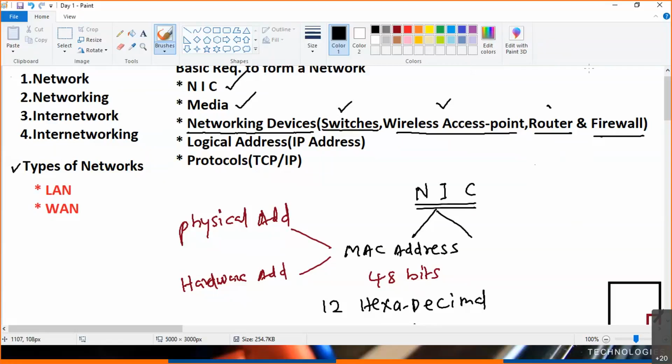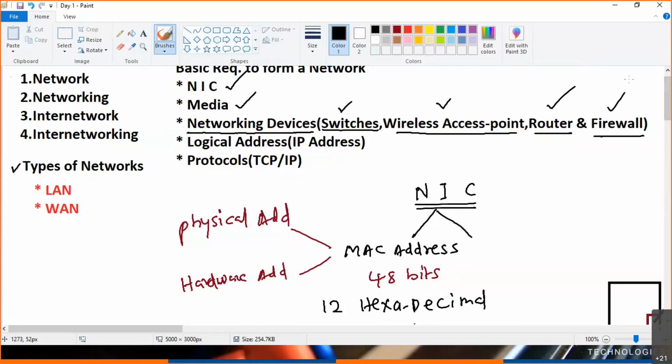And what is a router? Where do we use routers? To connect to other networks, outside the network. Exactly. A router is a hardware device which enables communication between two or more different networks.